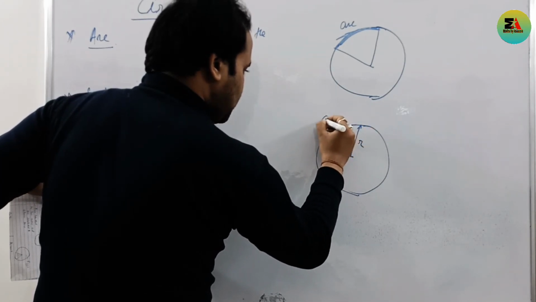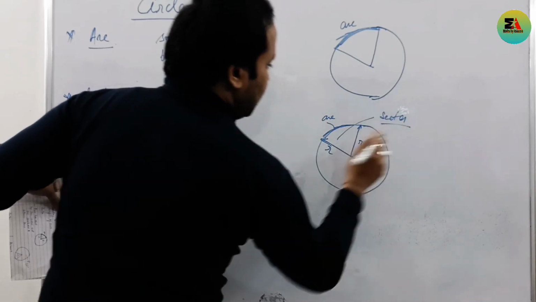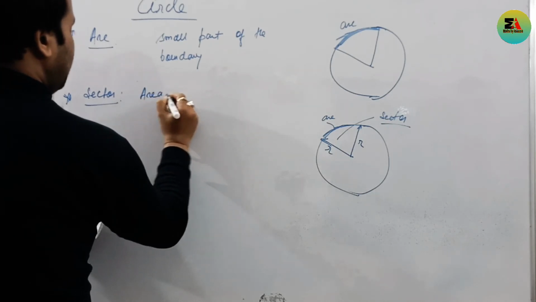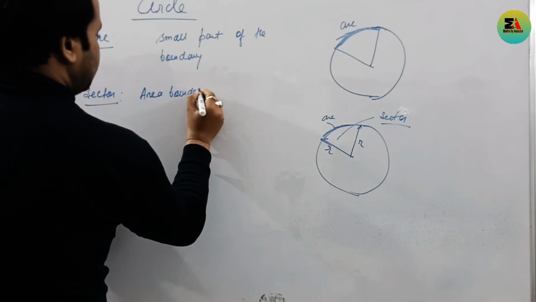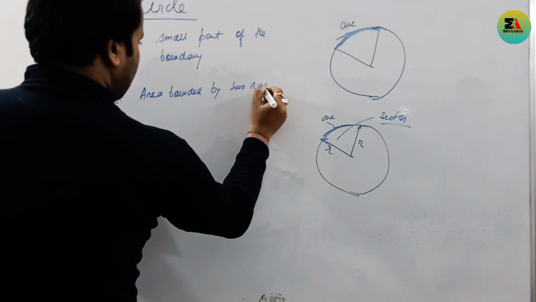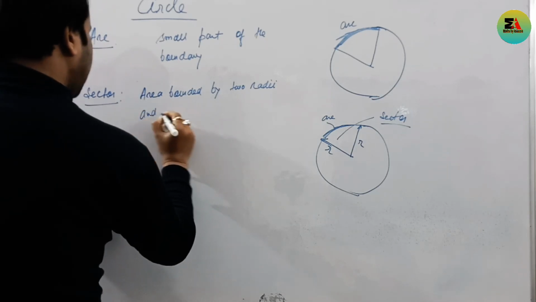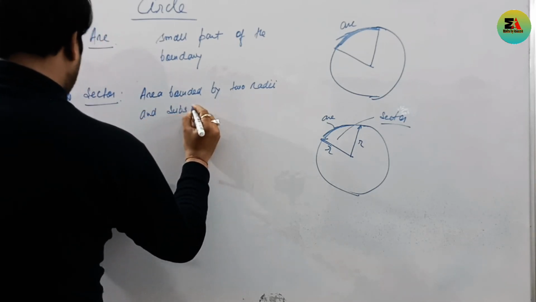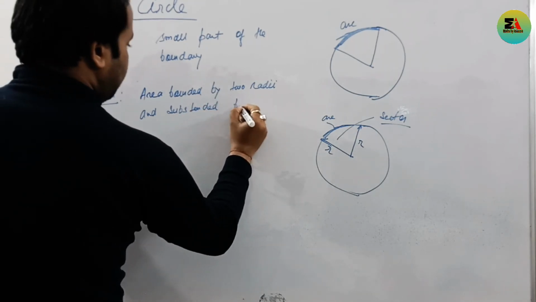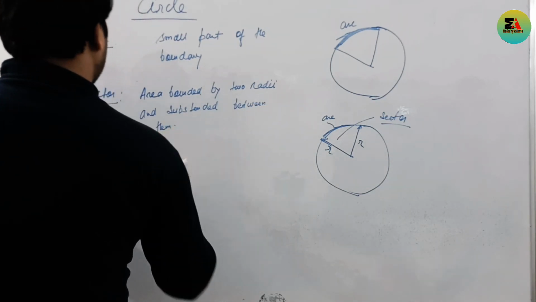This is the arc and this is known as the sector. The area bounded by two radii and the arc subtended between them is known as a sector.